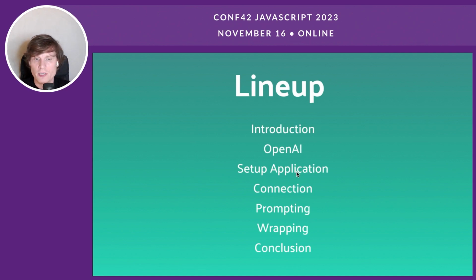First of all, we're going to jump into a small introduction. We're going to talk a little bit about OpenAI. We're going to set up our Node.js application. We will check how to connect, how to do prompting, messaging, and what's the difference in the role. We will check the options, the body, what this connection looks like, and how we can actually get those suggestions from OpenAI.